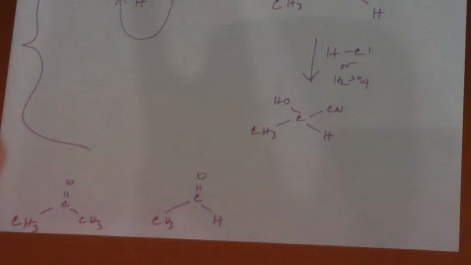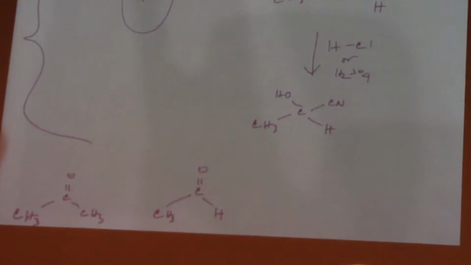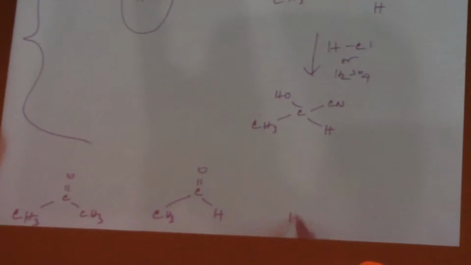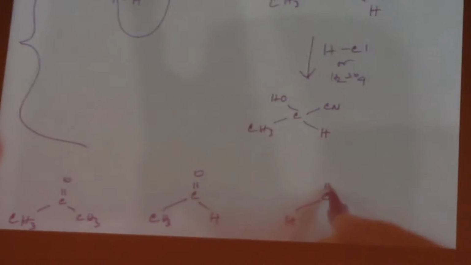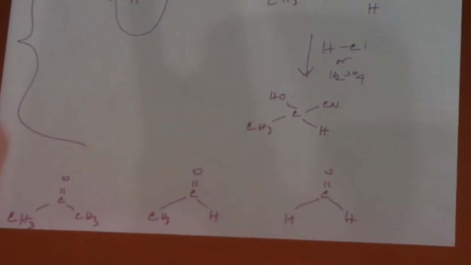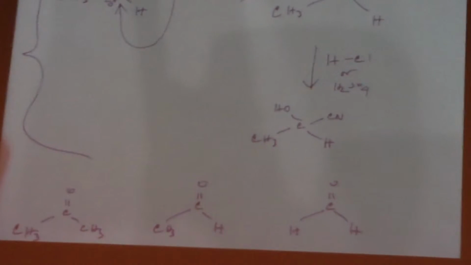If you go to acetaldehyde, which is the one we just showed, this immediately jumps to about 1,000-fold. K is greater than 1,000. And if you go to formaldehyde, this goes to about 100,000.